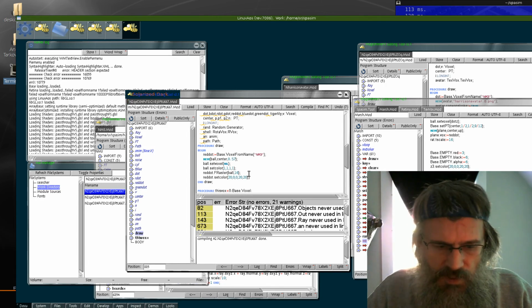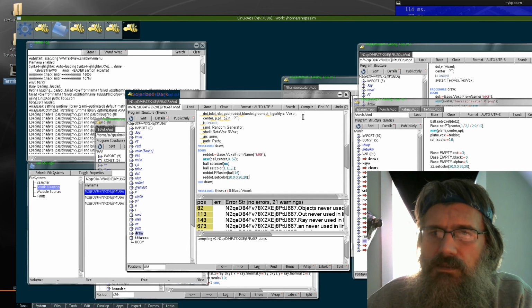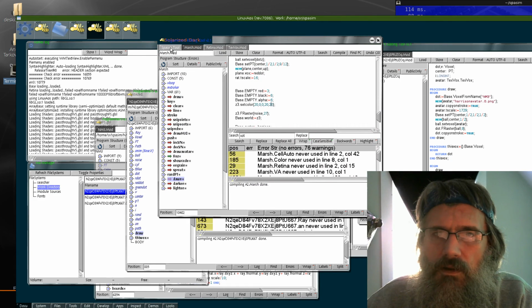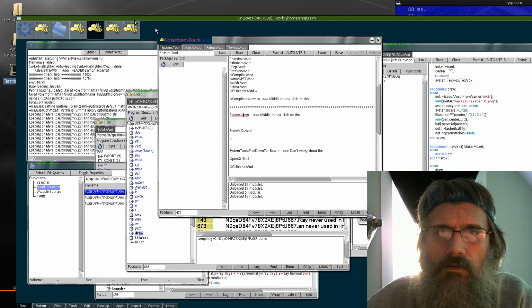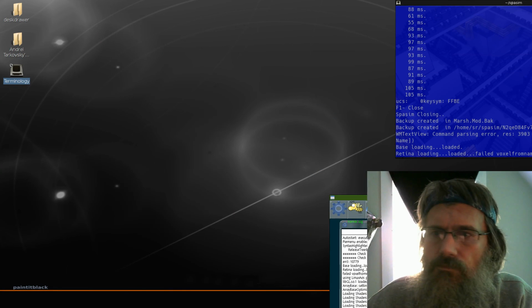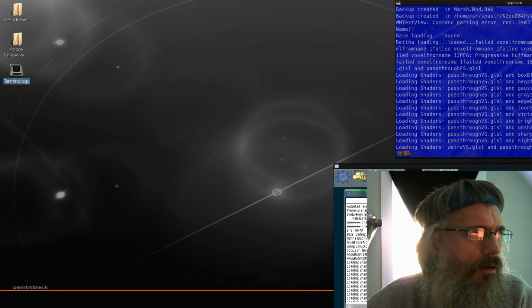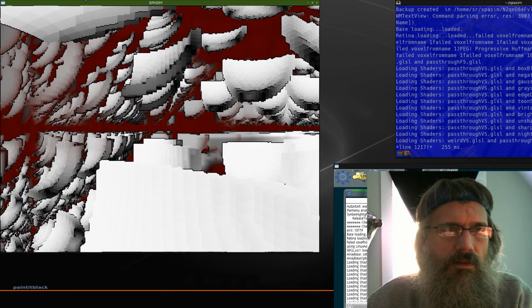But we'll make this the same color as the world. This will be amusing. I have two screens here, you see, and that window pops up. And the other one I have to drag it over.